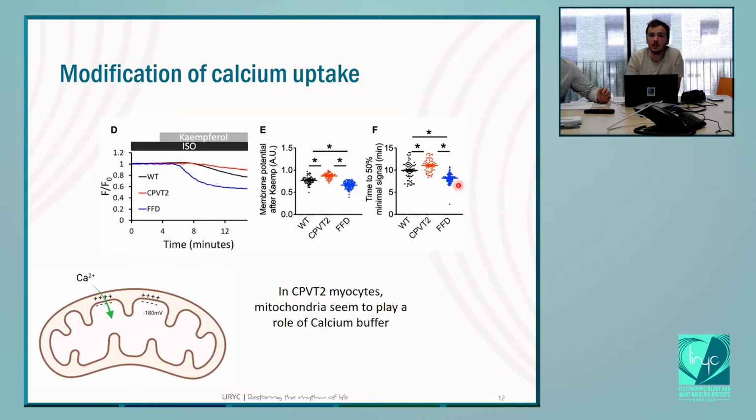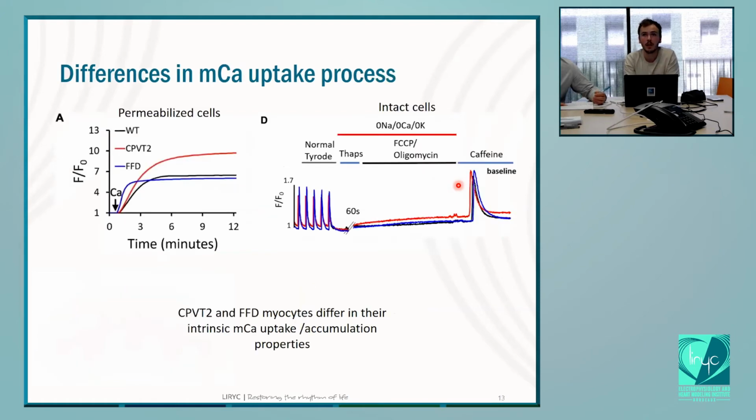So in CPVT2 myocytes, mitochondria seem to play a role of calcium buffer. And as we saw just before, in FFD, mitochondria seem to play a role in ROS production. And to see if mitochondria have other different characteristics, they are going to see on the left, with permeabilized cells, the capability of the mitochondria to uptake calcium.